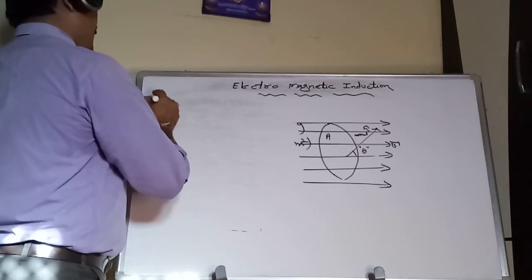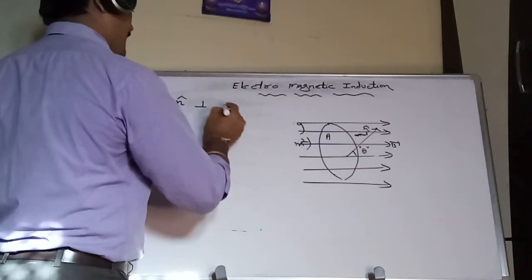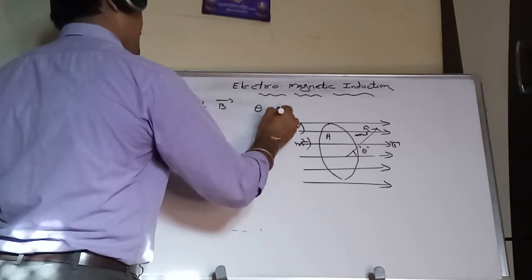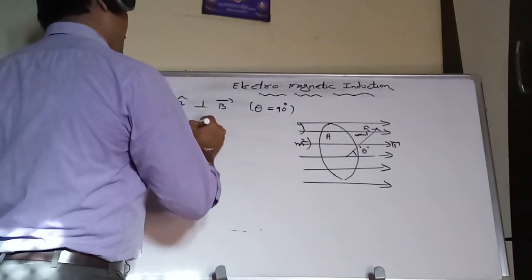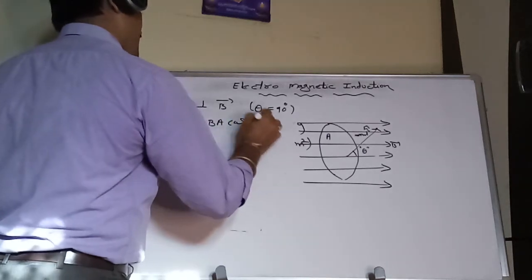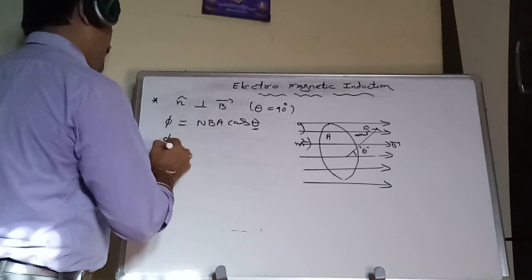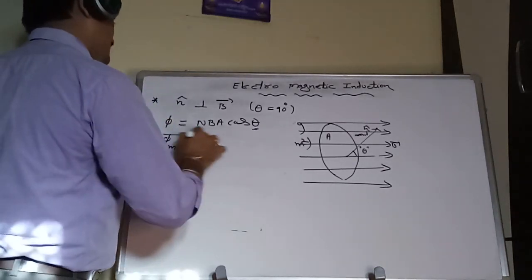Here, n cap is perpendicular to B bar, so theta is equal to 90 degrees. So phi is equal to NBA cos theta, with theta 90 degrees, so phi is minimum, that is equal to 0.